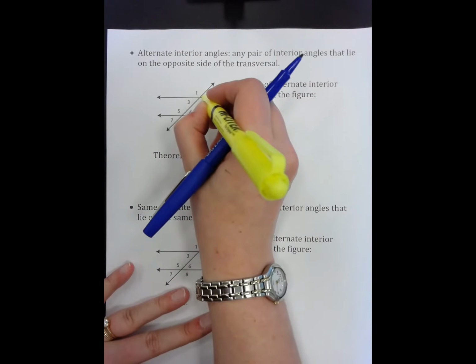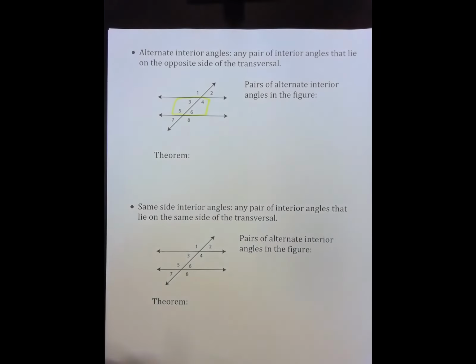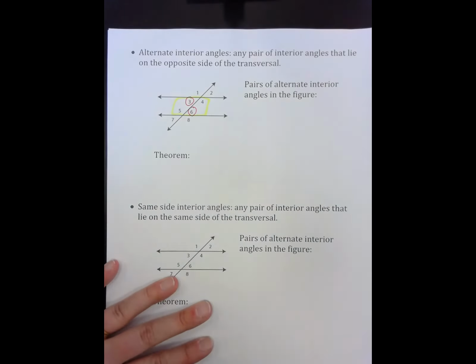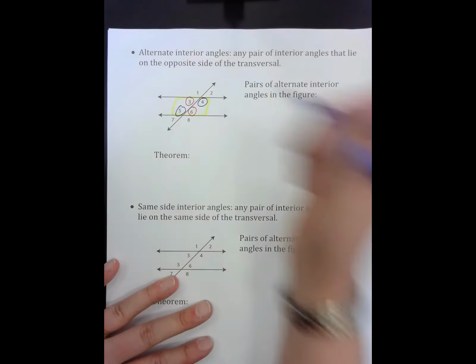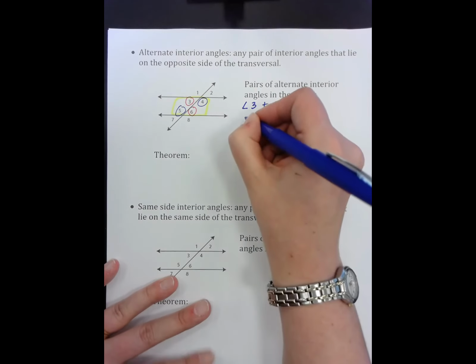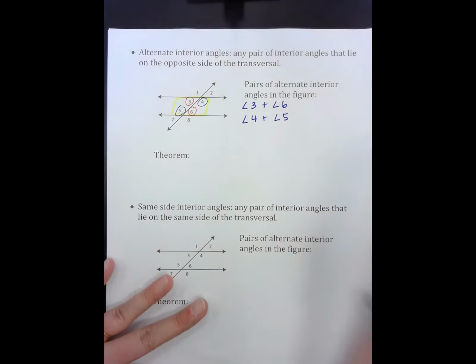So I'm looking at the 4 inside angles right here, and I'm looking at the opposites. So I'm looking at 3 and 6 and 5 and 4. So angle 3 and angle 6 are alternate interior, as are angle 4 and angle 5.